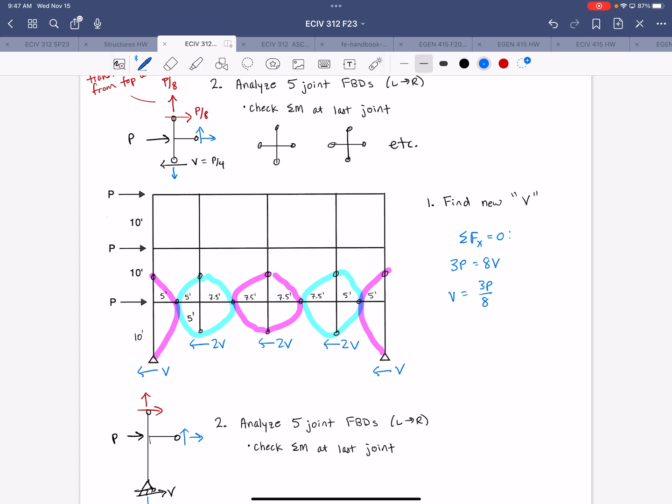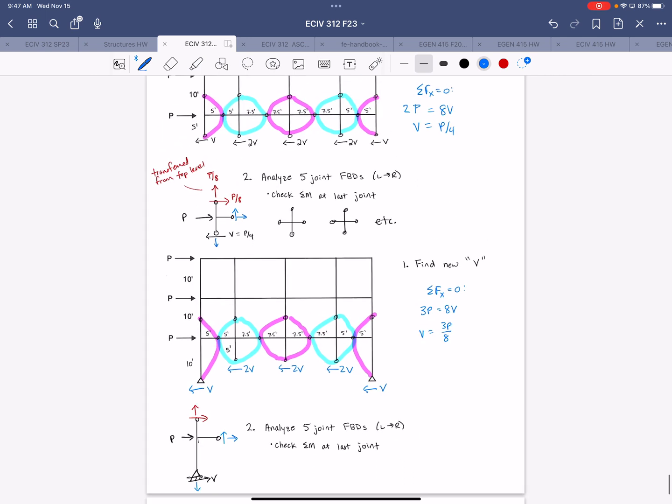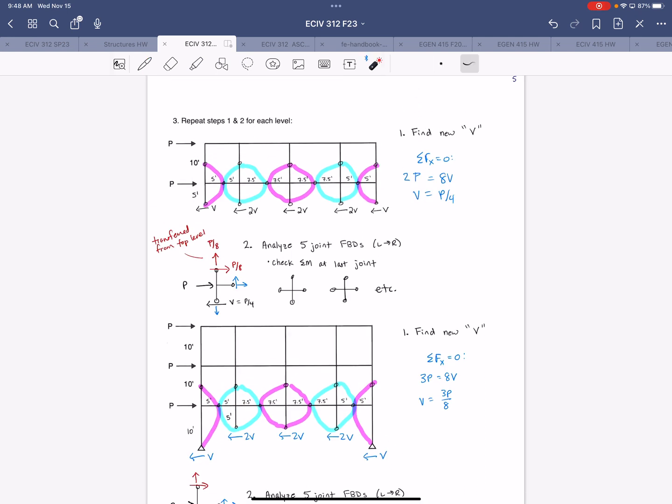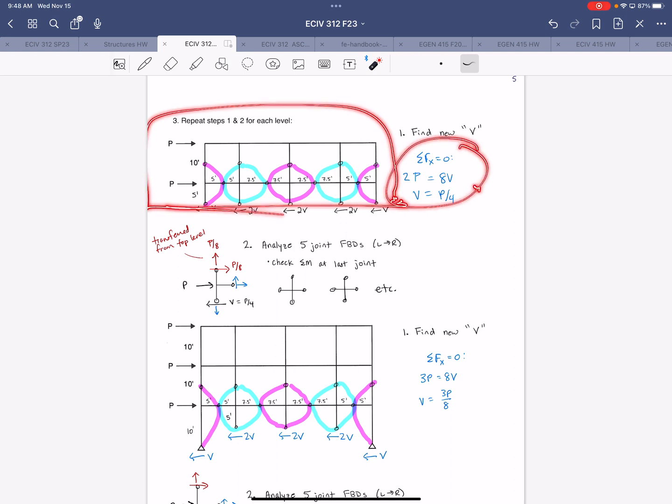All right, so at the top of this page, I said that there are 2 different ways that you could go about starting another level after you've completed one. The one that I've demonstrated takes the cut through the columns of the level that you're now analyzing and first looks at everything above that to get the sum of forces equation.